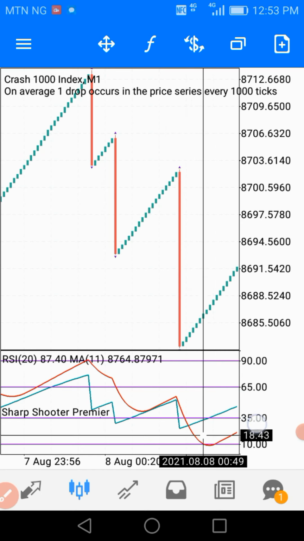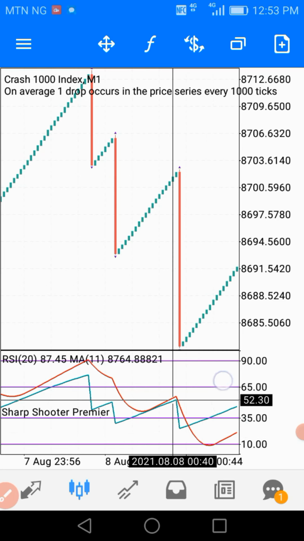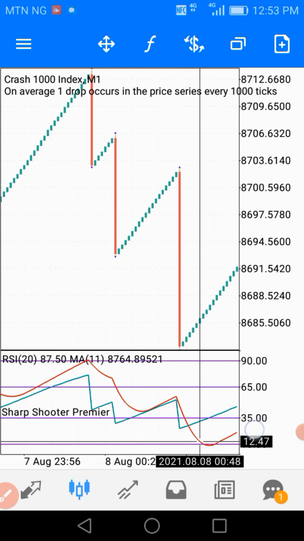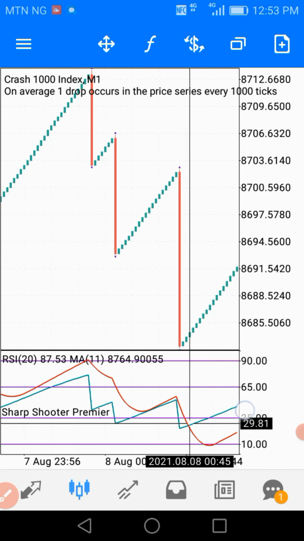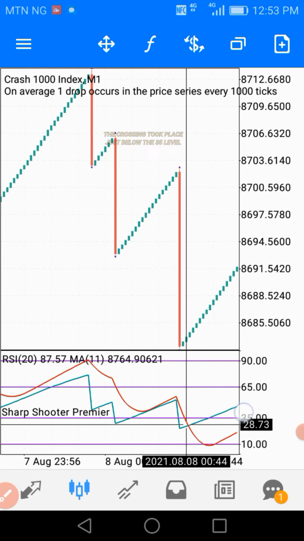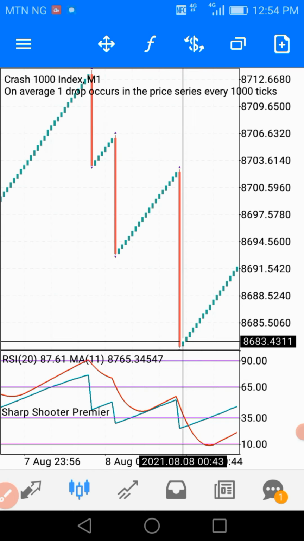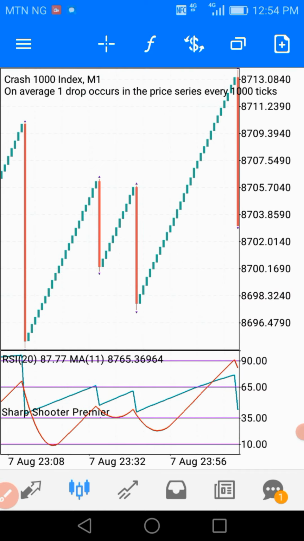I did tell you that whatever I said for boom, the opposite is the case for crash. So it's crossing from up down, and the crossing took place just above the 35 level. For boom, the crossing was moving from down upward, that is, the red moving average moves from down, crossing the blue moving average upwards. That's the backtesting for crash.